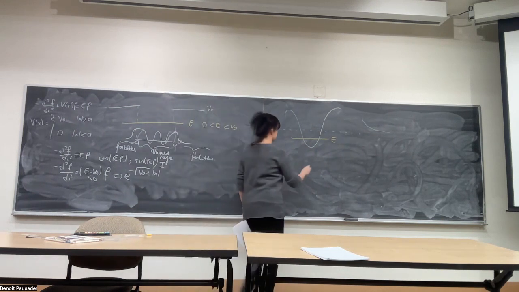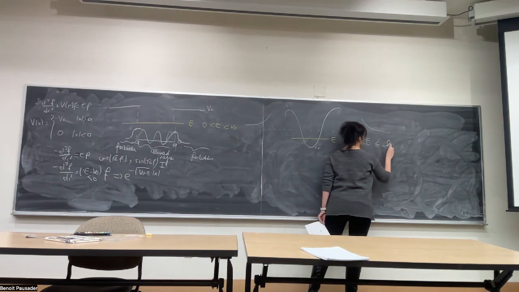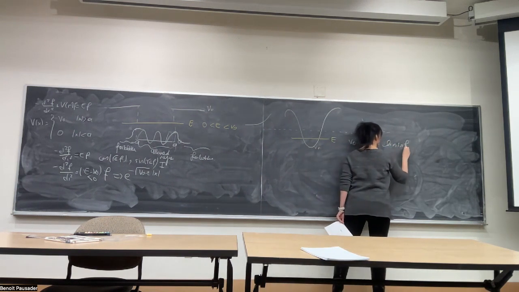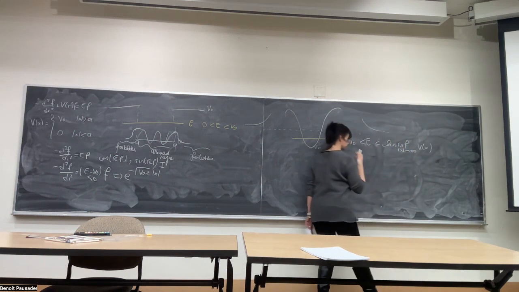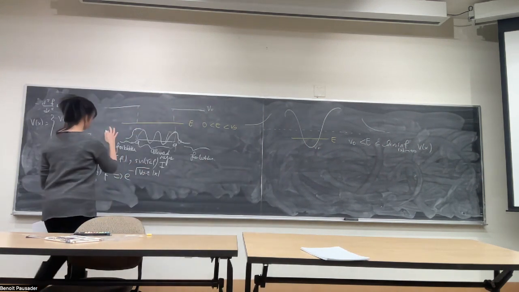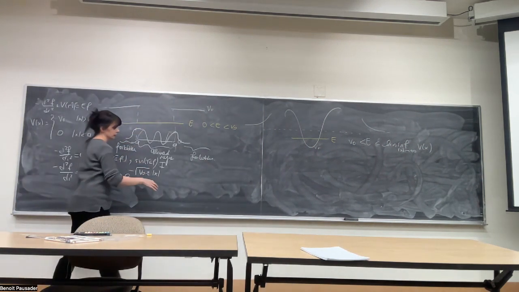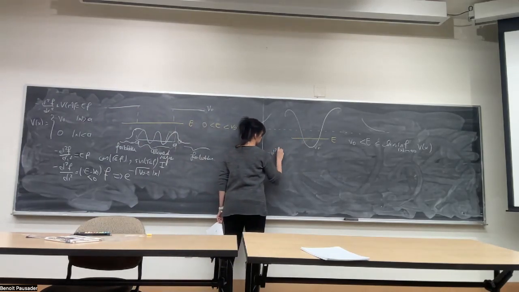So basically this is my V0. I want E to be greater than V0, and this will be less than infinity as X goes to infinity.